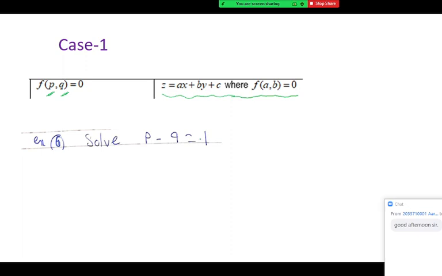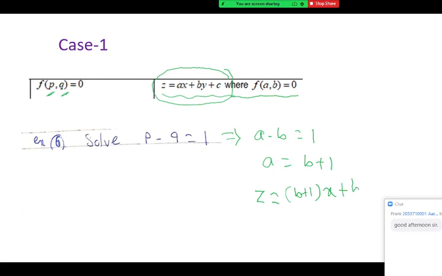If we replace p by a and q by b in the given equation, we get a minus b equal to 1. From this equation, we can get the value of a as b plus 1. If we use this value in the solution, we get z equal to (b plus 1) x plus by plus c, and this is the final answer.